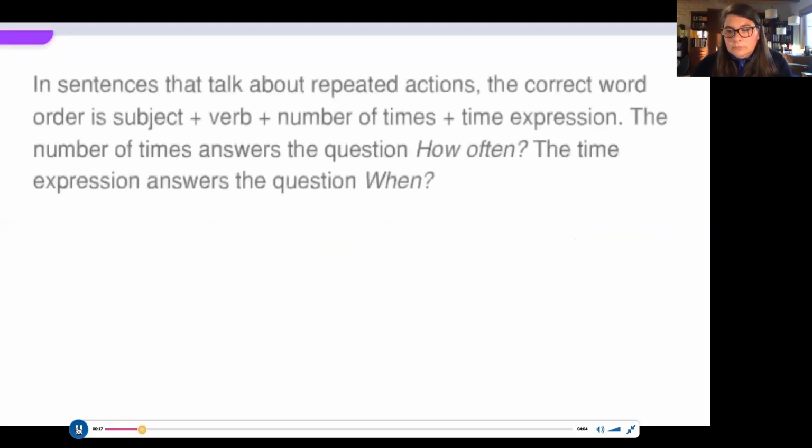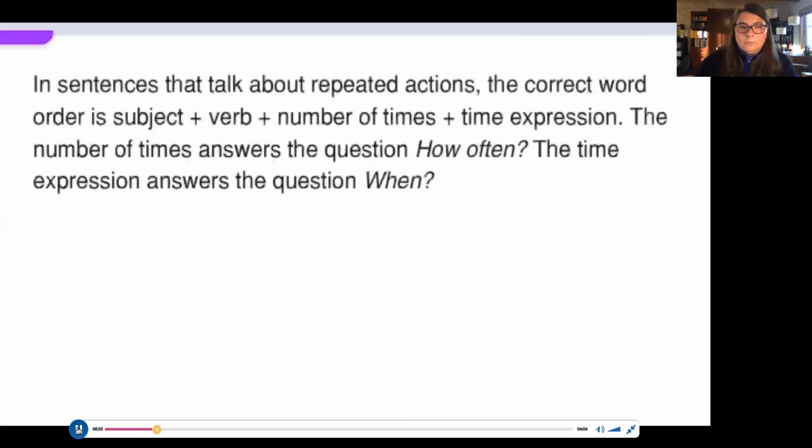In sentences that talk about repeated actions, correct word order is subject plus verb plus number of times plus time expression. The number of times answers the question, how often? The time expression answers the question, when?